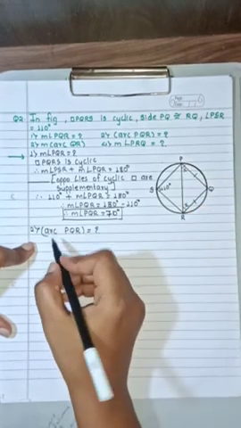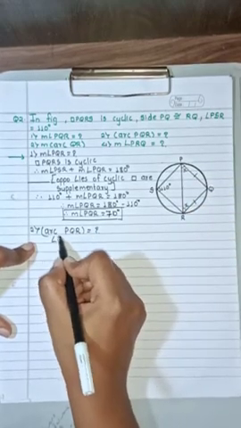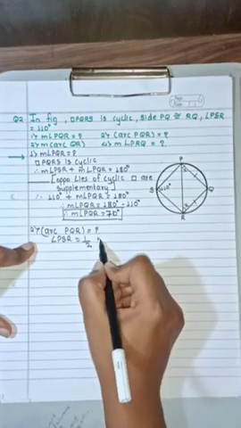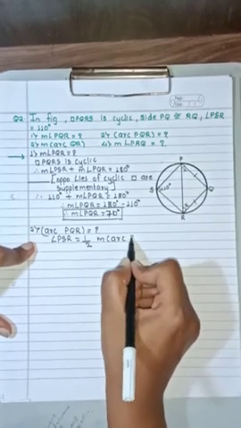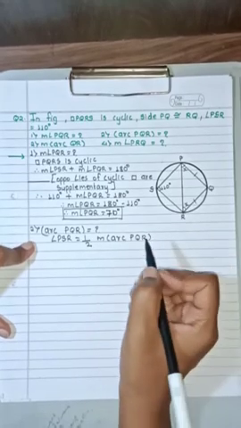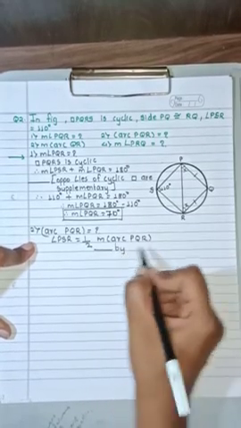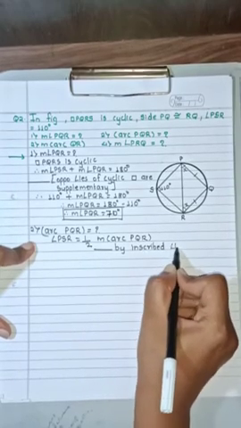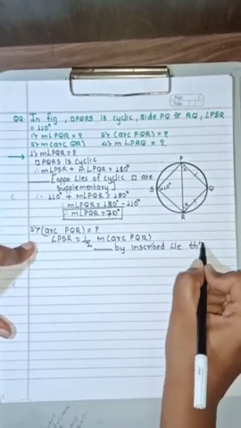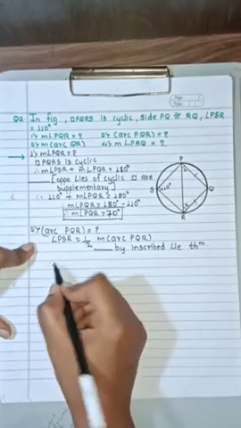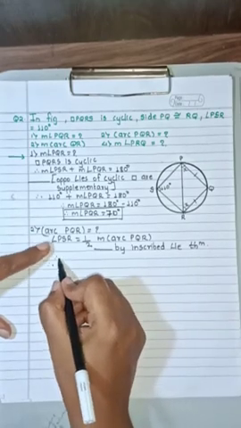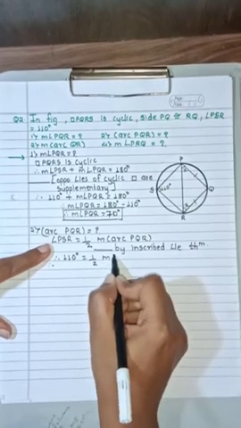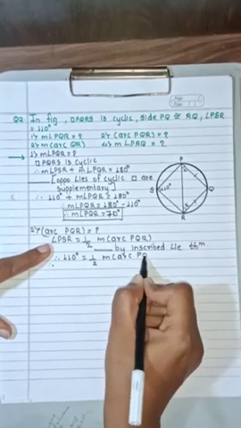Therefore you can write down here, angle PSR is equal to half of the measurement of arc PQR, by the inscribed angle theorem. Therefore PSR is 110 degrees, which is equal to half of the measurement of arc PQR.